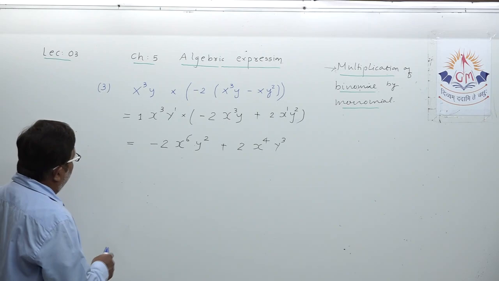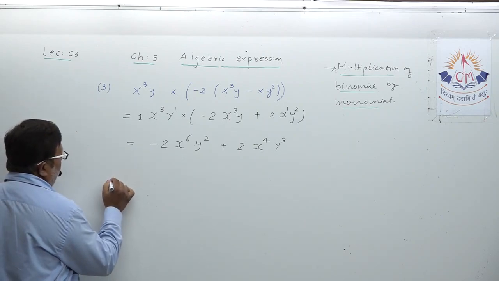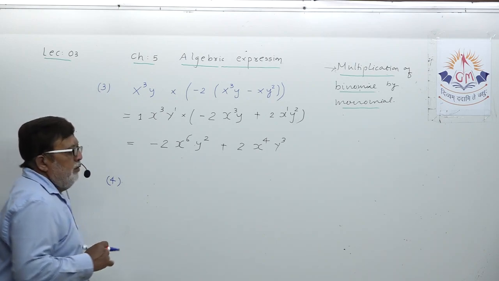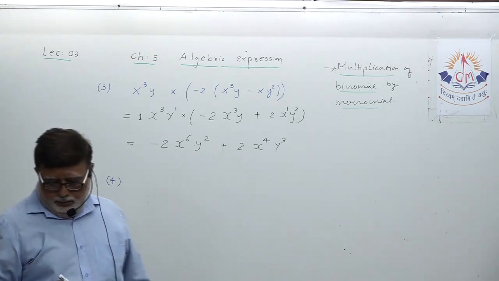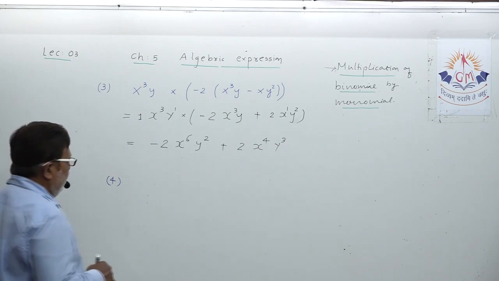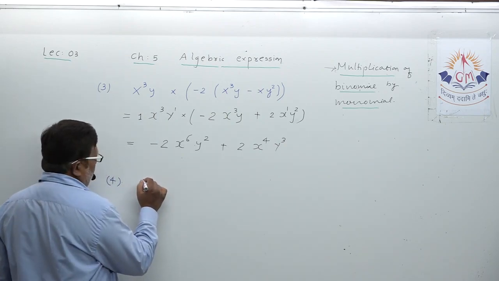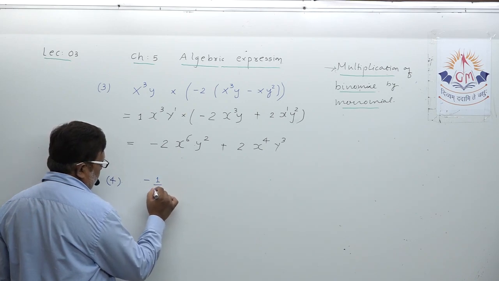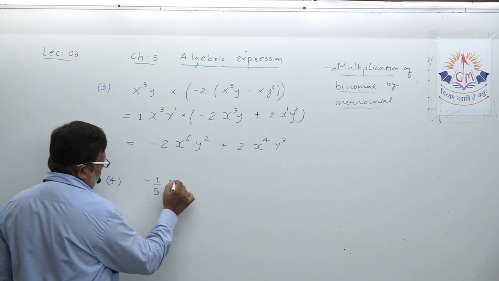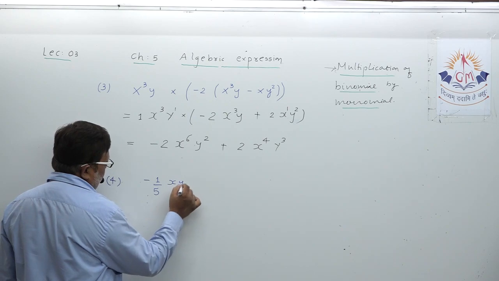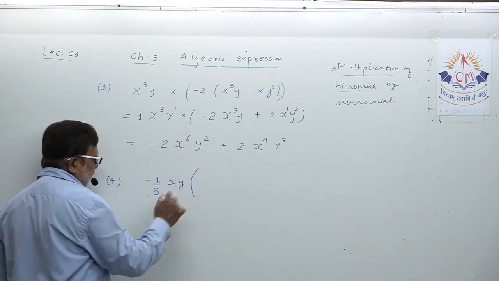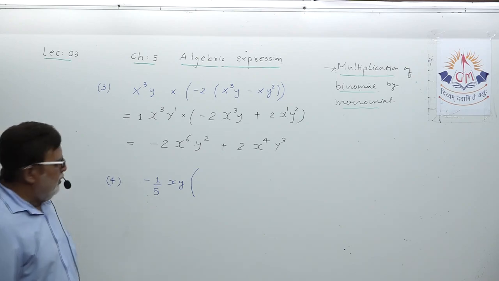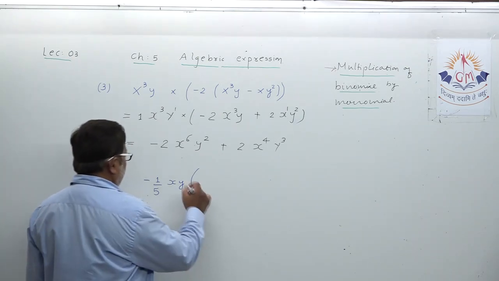Let me take another example. Suppose the example given to you is like this. Suppose minus 1 upon 5 xy, in bracket, I am taking one difficult example, not exactly of your textbook.